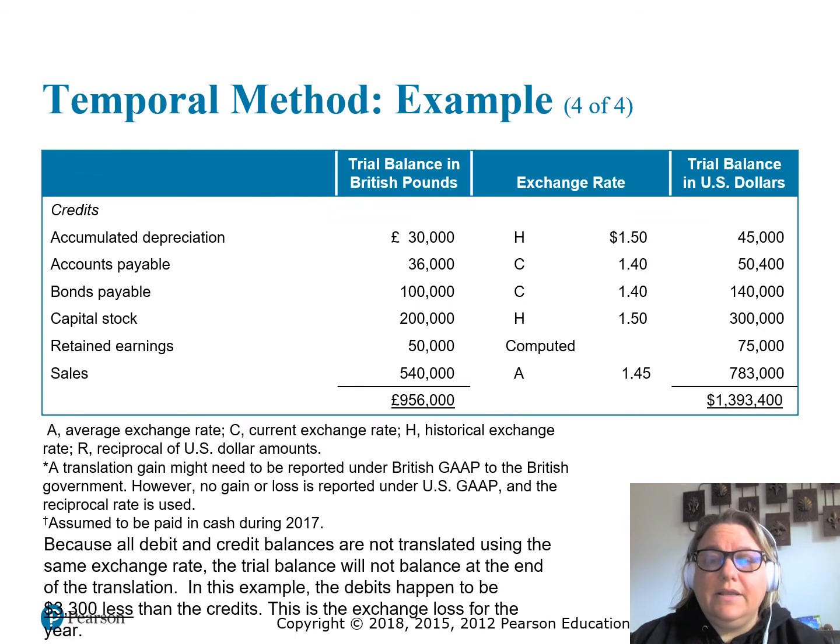Here again you can see in the temporal method you decide, based on all those rules we read through, whether you use the historical, the current, or the reciprocal of the US dollar amounts, the different exchange rates. And then the last little bit is finding the exchange loss between those and doing a plug.